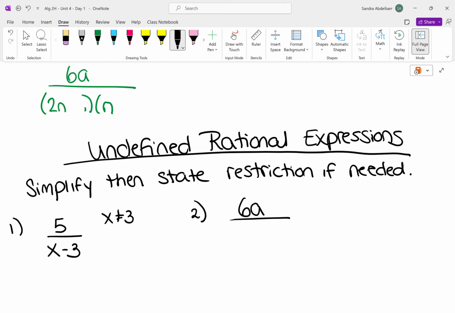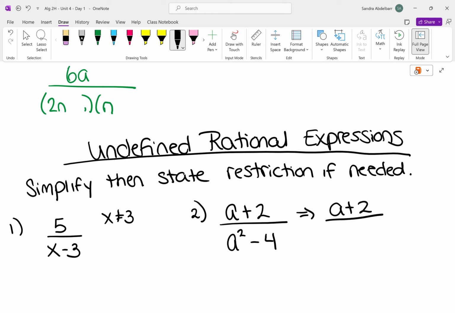So here we have 6a over a plus 2 over a squared minus 4. My rule is saying simplify, then state the restriction. So what do I have to do first?